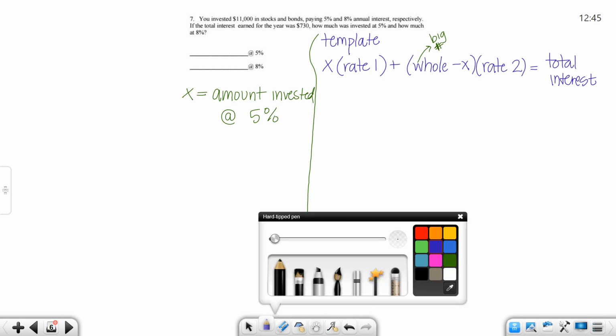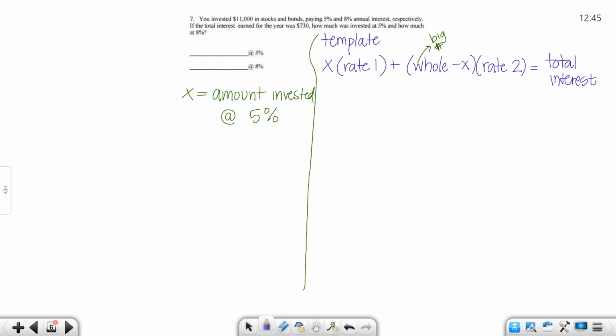Using our template, let's do it in blue. X times the first rate. I made sure that my X, since I invested X at 5%, went together with the 5%. Whole is the big number in the problem.